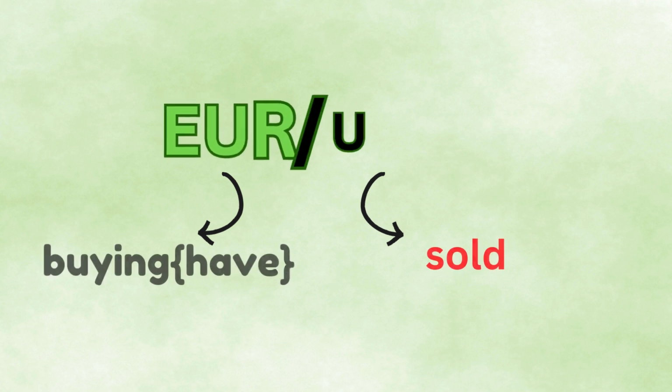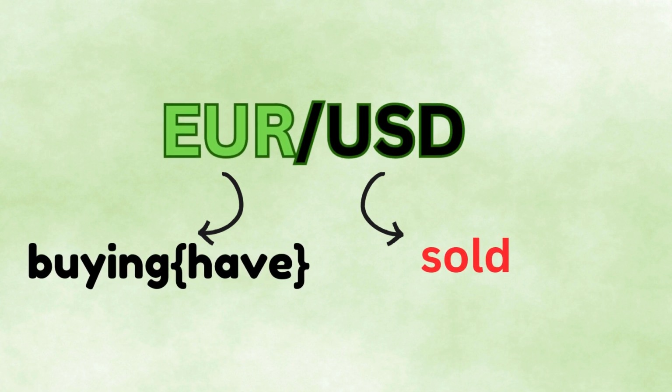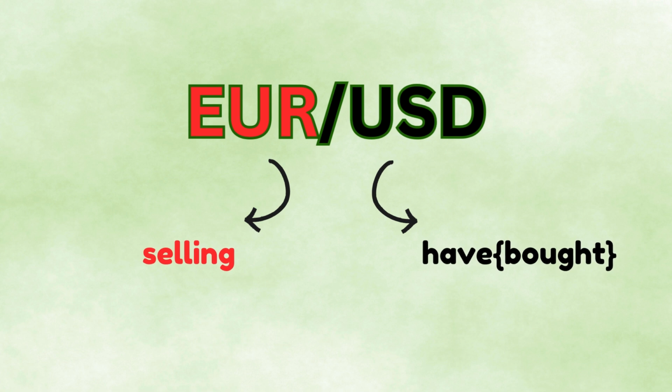So I hope you get that. Example, if you are buying Euro USD, it means you have euro but you are selling dollars. And if you are selling the pair, it means you are selling the euro and then you have your dollar. I don't know if you can get that, but I hope you understand.